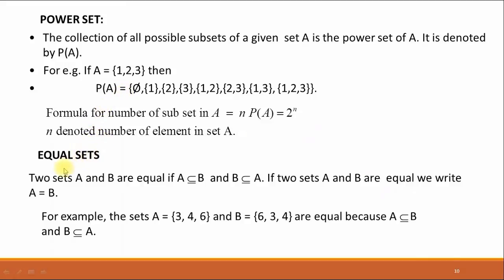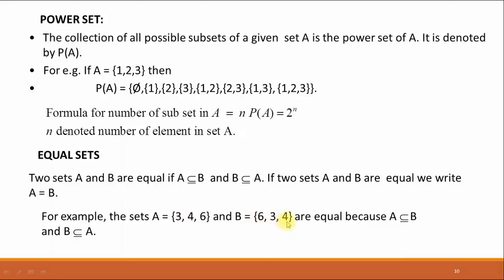Now equal sets. Two sets A and B are equal if A is a subset of B and B is a subset of A. If two sets A and B are equal, we write A = B. For example, the set A contains the elements 3, 4, 6, and the set B contains the elements 4, 6, 3.